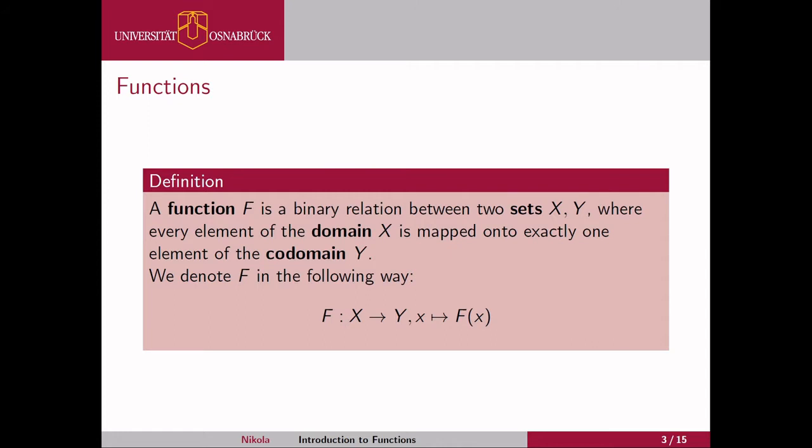Now, of course, oftentimes we encounter just, okay, f of x equals e to the power of x, and we still know what's going on. How can it be when the formal way of expressing a function is this? Well, this usually comes from a place where it's implicitly clear what the domain and the codomain are.